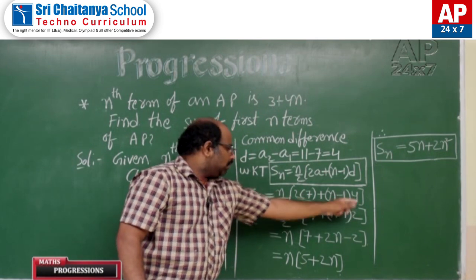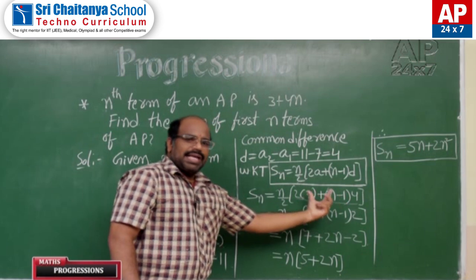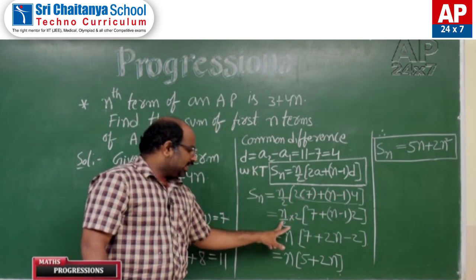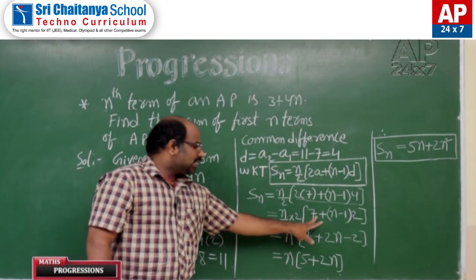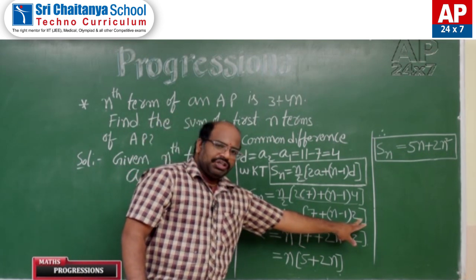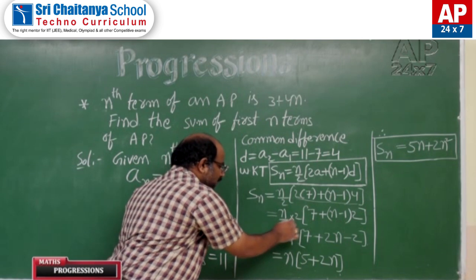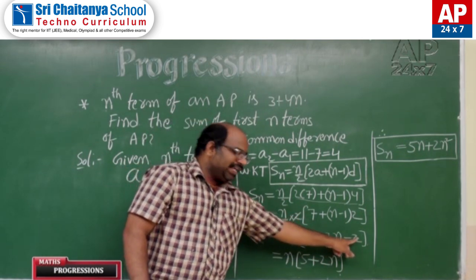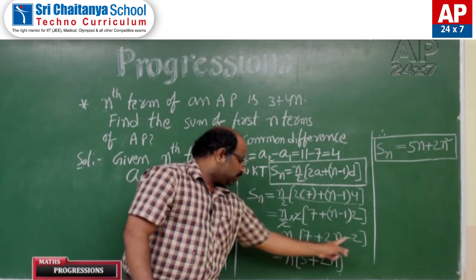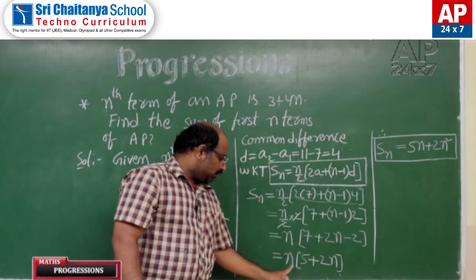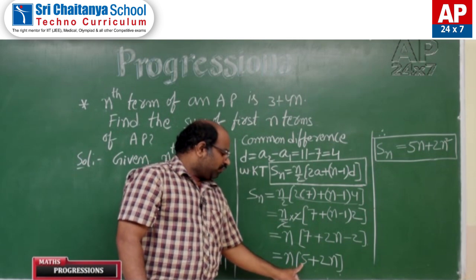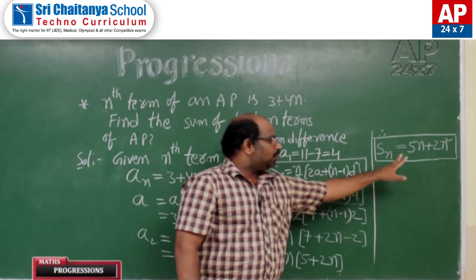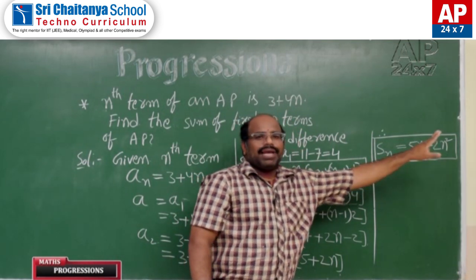So, I want to take 2 as common from these two terms. So, it is n by 2 into 2 of 7 plus n minus 1 into 2. Here this 2 gets cancelled, n into 7 plus 2n minus 2. 7 minus 2 is 5. So, n into 5 plus 2n. Finally, Sn is equal to 5n plus 2n square.